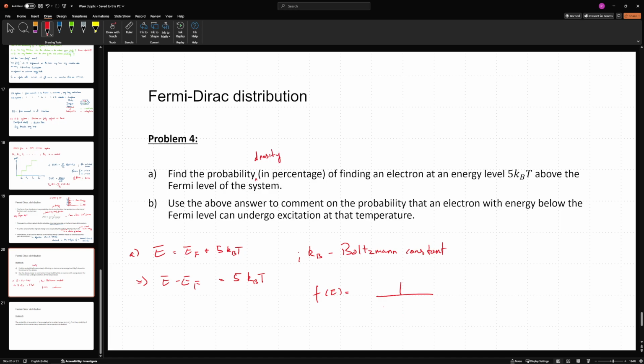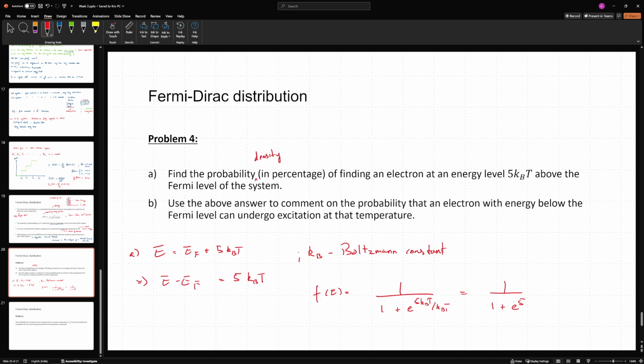So 1 plus e to the power 5 kBT divided by kBT, which is going to be 1 by 1 plus e to the power 5, and e is a number less than 3, so you can just take this as 3 to the power 5, which is going to be 9 into 9 into 3, 243.